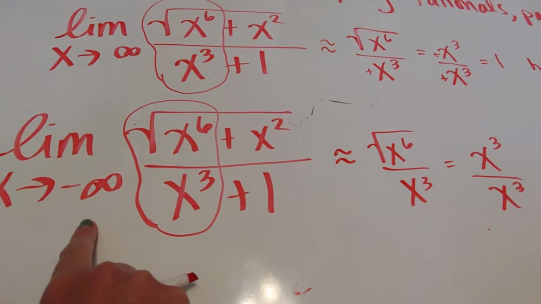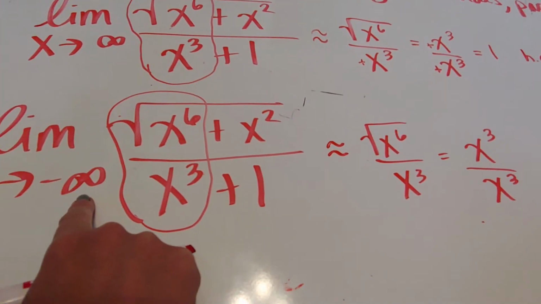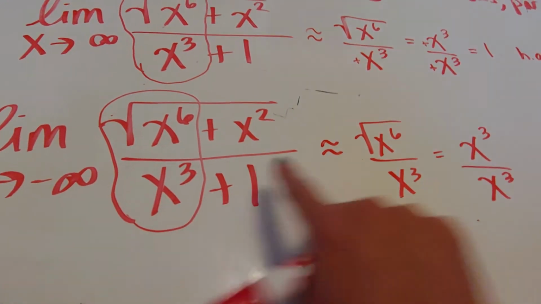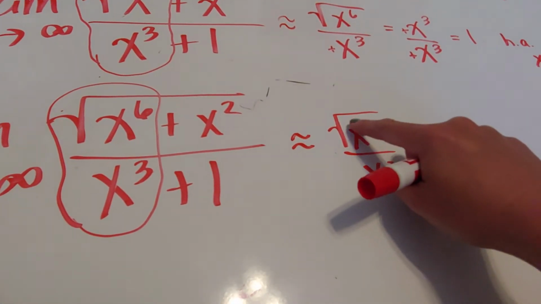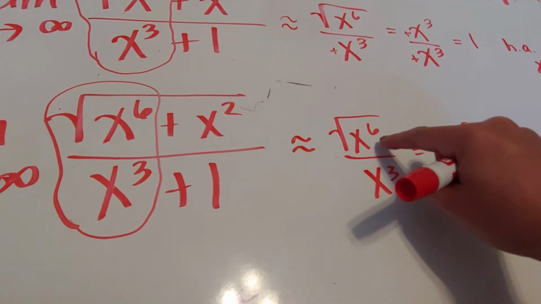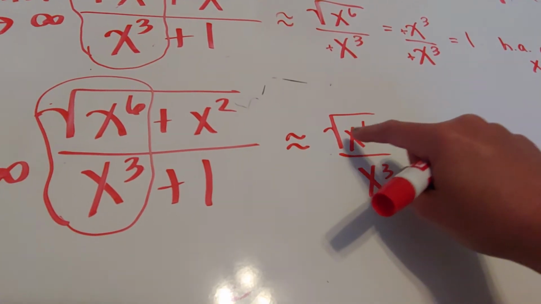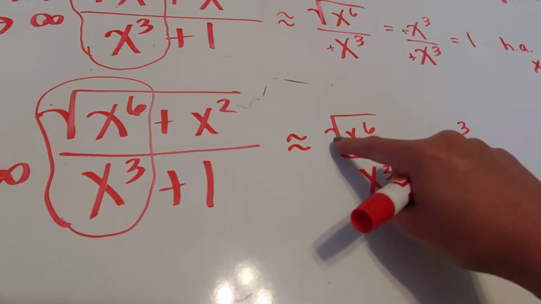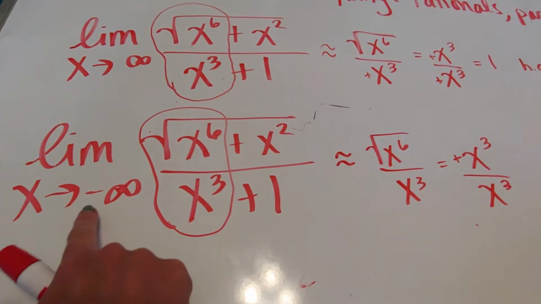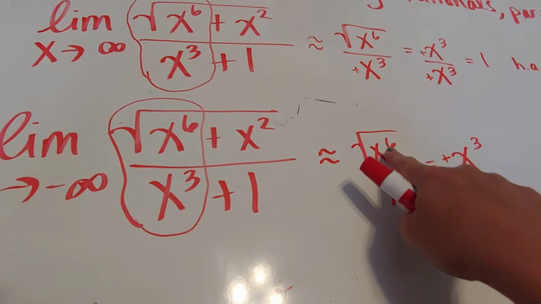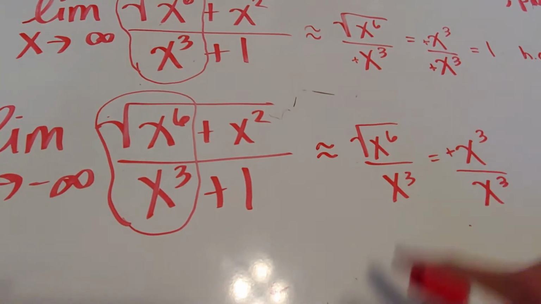However, I'm going to negative infinity, so let's talk about what happens. A negative huge number, when I take a negative number to an even power, that whole thing's going to be positive. So this top's going to be a positive number. When I take the square root of that positive number, it's still going to be positive. So a negative number to the 6th power is positive, and the square root of a positive is positive.